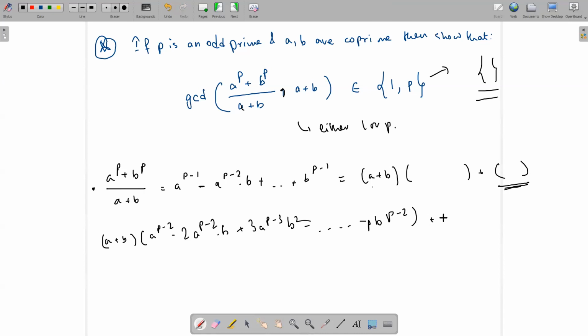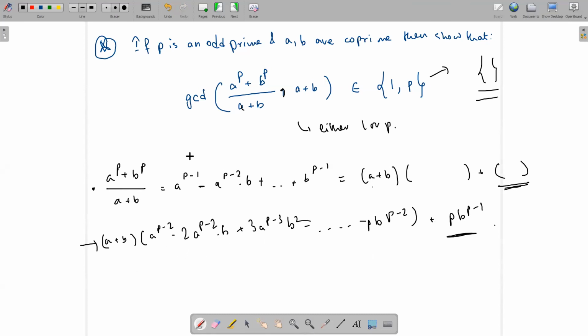Right? And what would be the remaining term? Keep this factorization in mind. I talked about the Vieta jumping problem last class, right? The Vieta jumping problem also uses a similar technique. So now a plus b divides this thing, right?